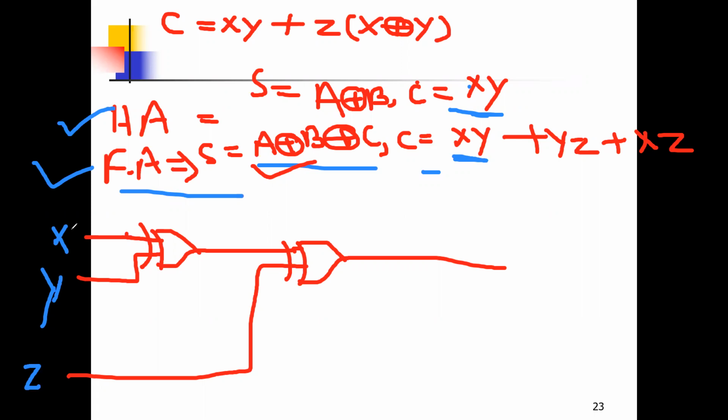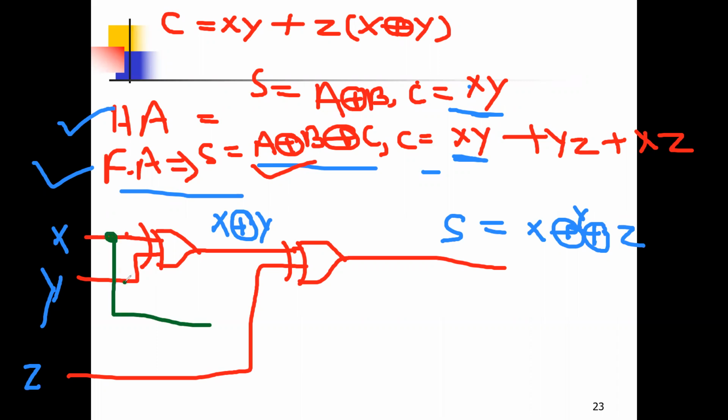After that, here I am getting X XOR Y. Clear, girls? So the sum is X XOR Y XOR Z. Now, what is the carry which we implement here? The carry is XY. So I want XY. I have X, then I have Y, and this is an AND gate.